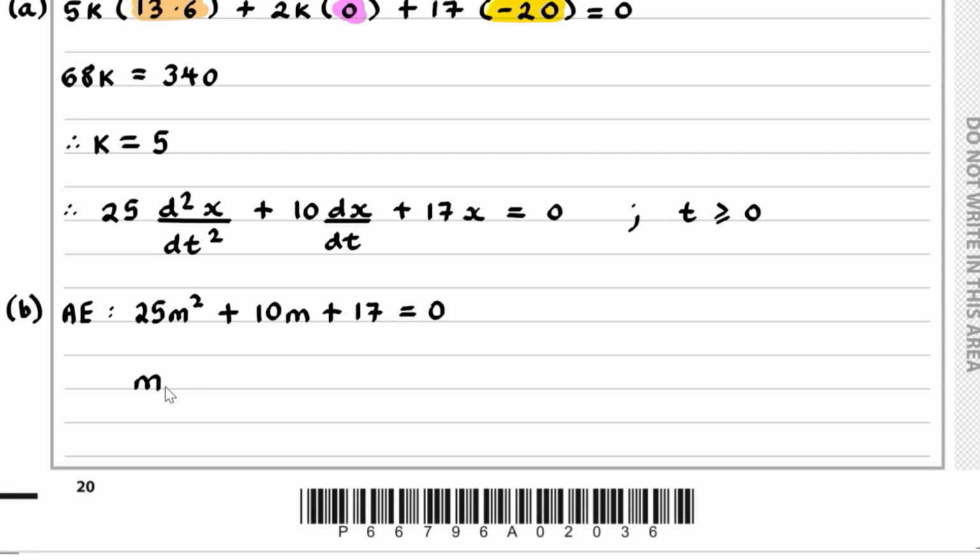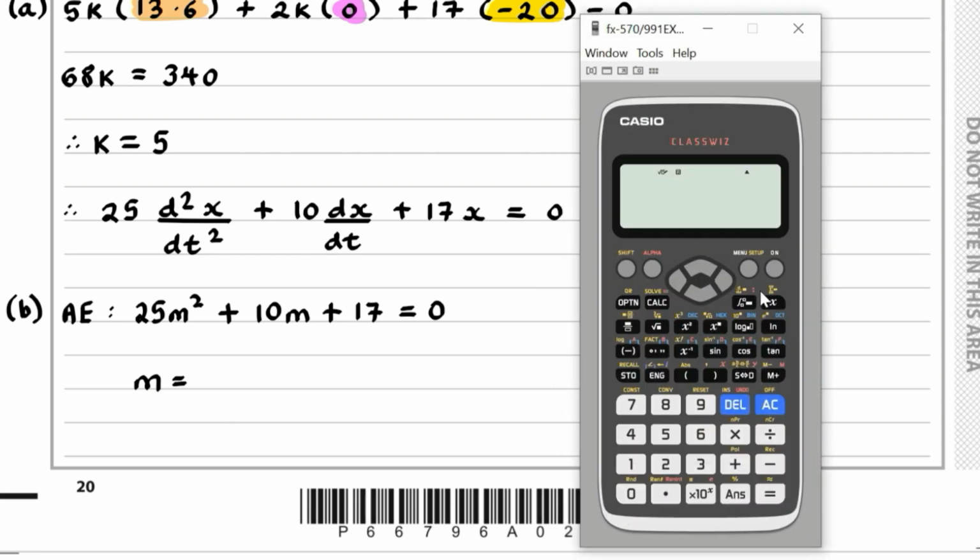And if we find the solutions to the auxiliary equation, we've got 25m squared plus 10m plus 17. So we get m equals minus 0.2 plus or minus 0.8i.